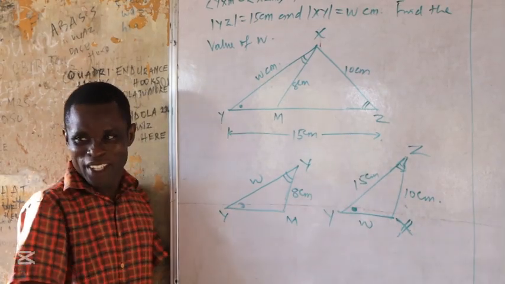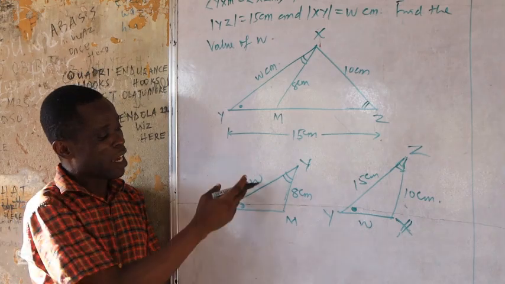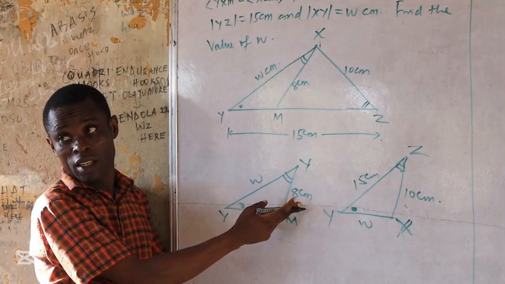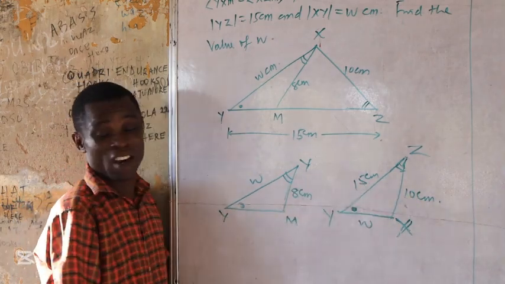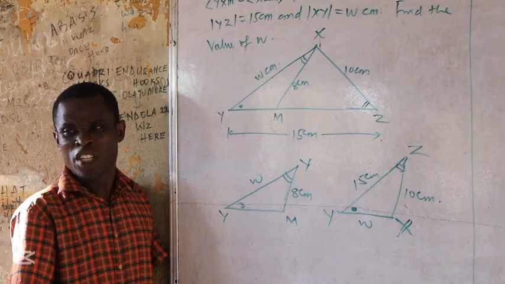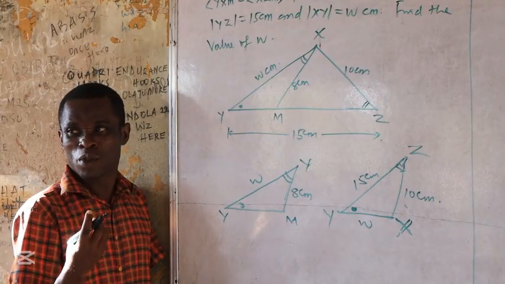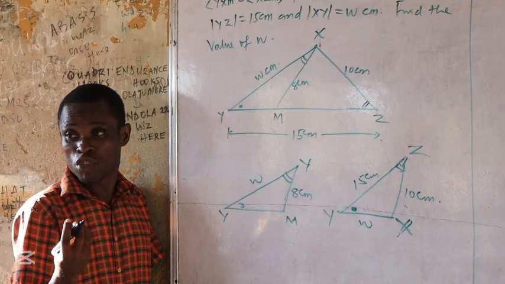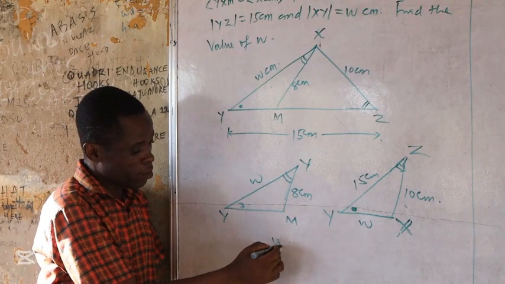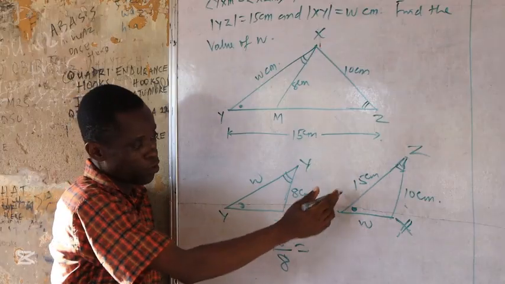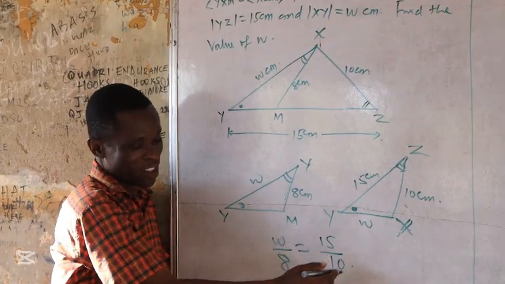So with this, I can now pick the ratio. So with this, I can say W over 8 is equals to 15 over 10. So it is only when you bring out the 2 triangles that you'll be able to pick the correct ratio. W over 8 is equals to 15 over 10.